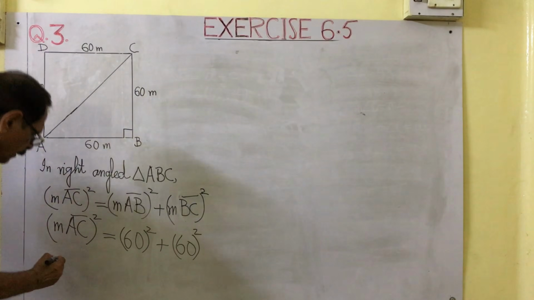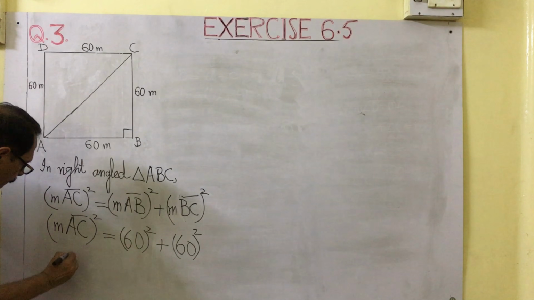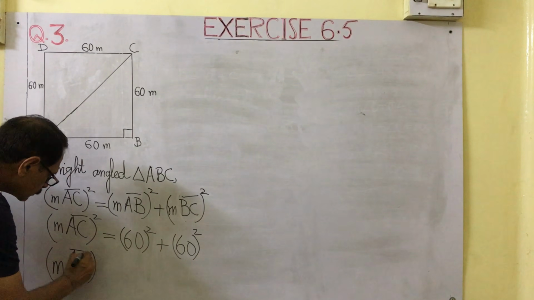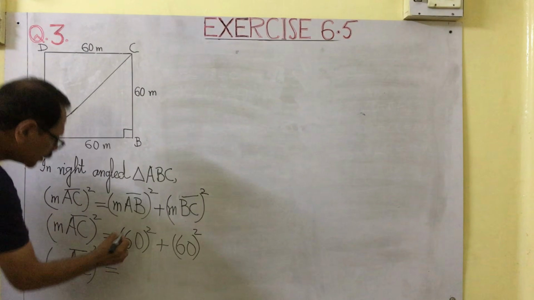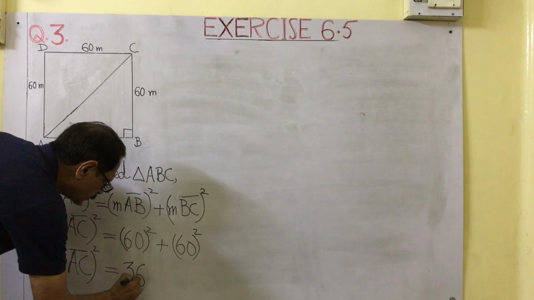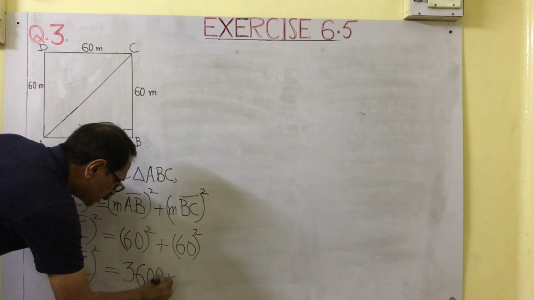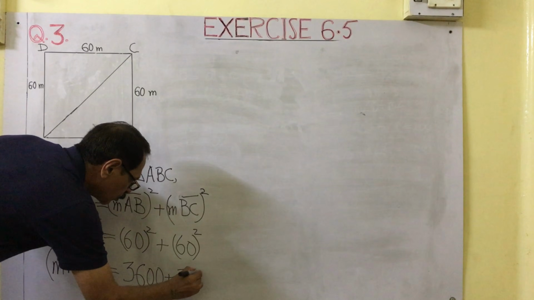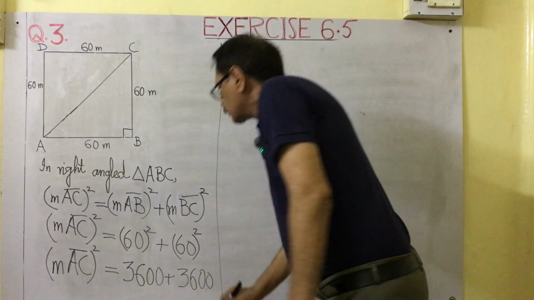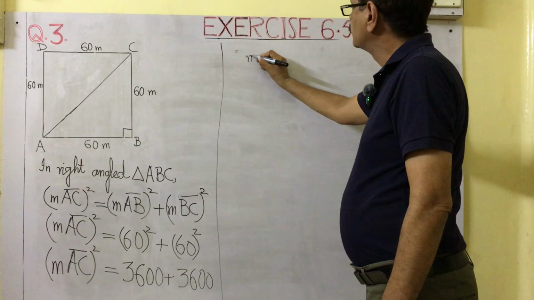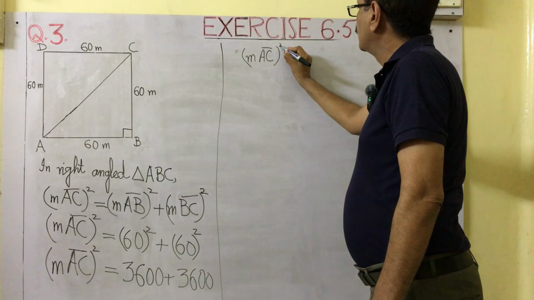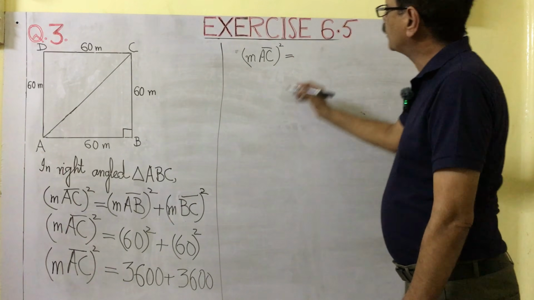Now simplifying, 60 square means 60 multiplied by 60, again 60 square is equal to 3600. AC square is 3600 plus 3600.